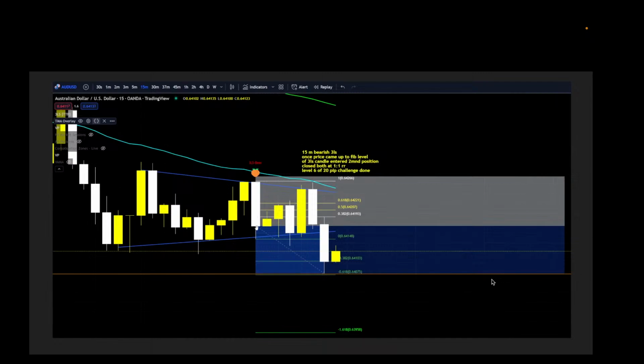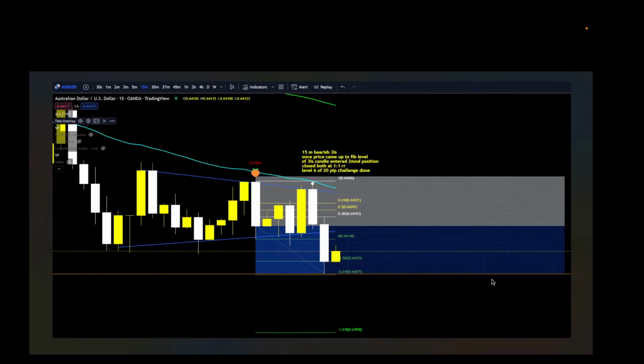I got into my trade, and then as price started to go against me, I drew up a Fibonacci tool off the high and low of this candle, and it rejected off of the Fibonacci gold zone, the 618 and the 0.5.